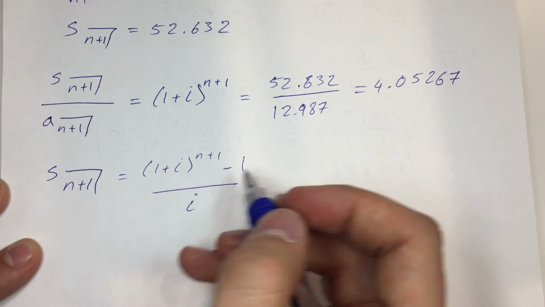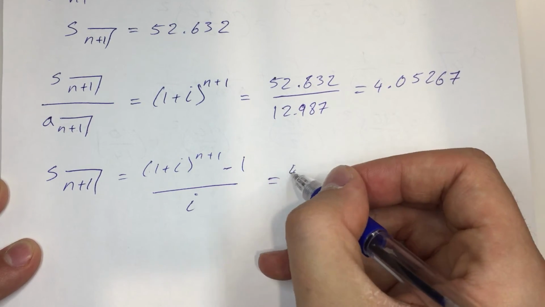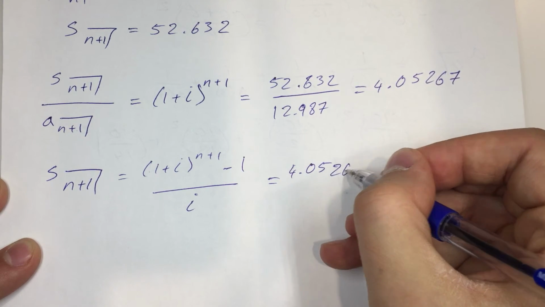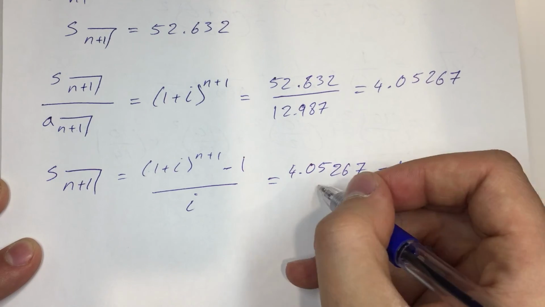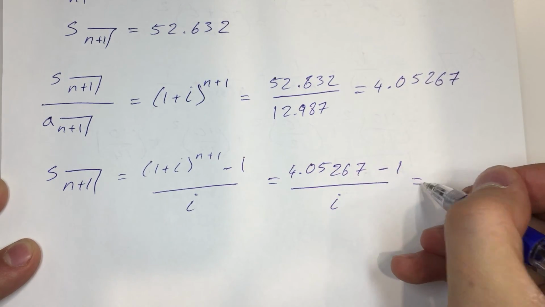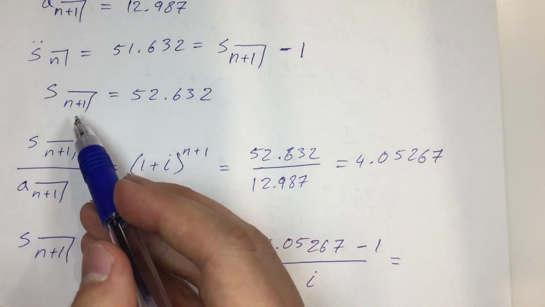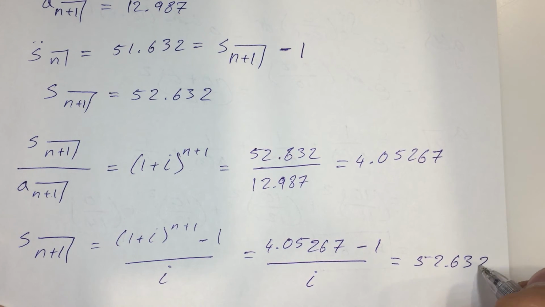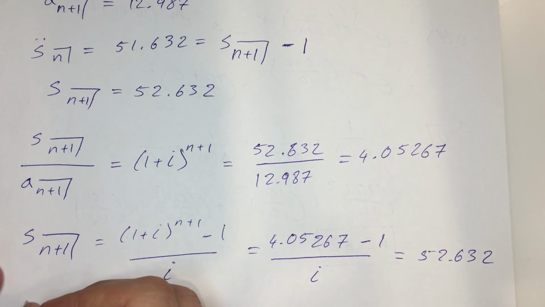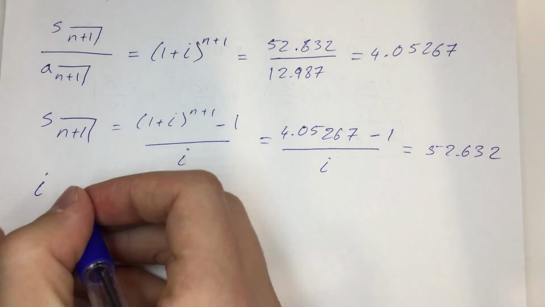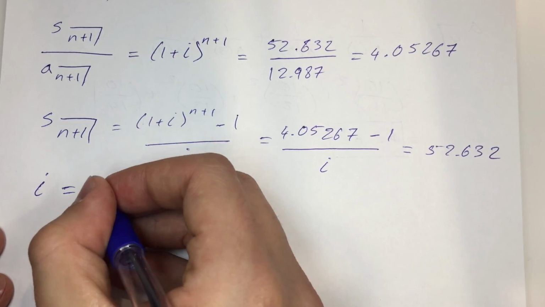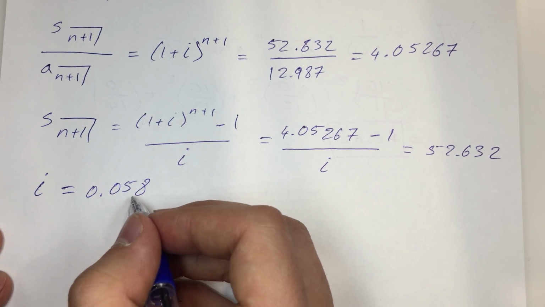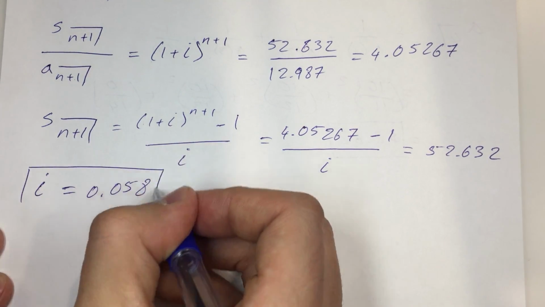Well, we have the value of the first term, which is 4.05267 minus 1 divided by i, which will equal our value for S angle n plus 1, which is 52.632. Therefore, we get that i equals 0.058, which is equivalent to 5.8%.